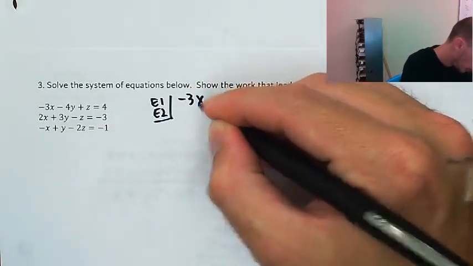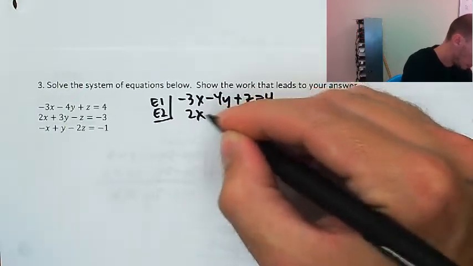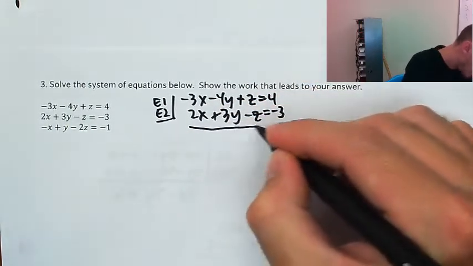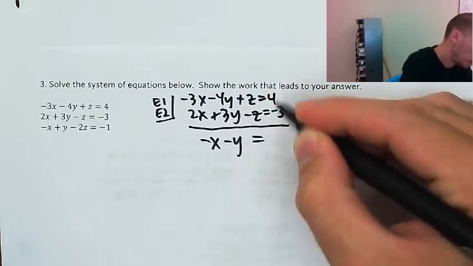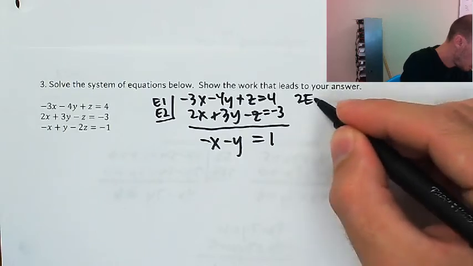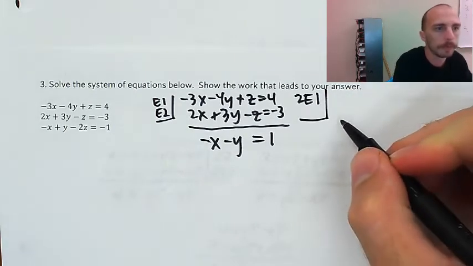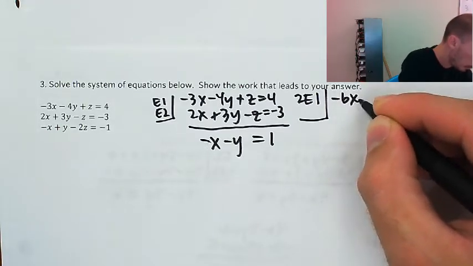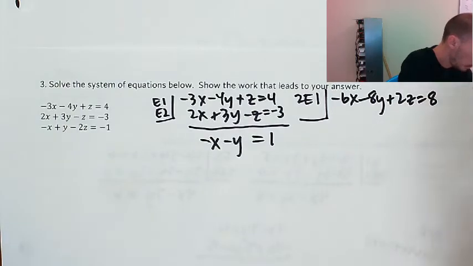So we have negative 3x, negative 4y, and a positive z equaling 4, 2x plus 3y minus z equaling negative 3. Add this all together. That's negative x minus y, no z's, equaling 1. Equation 2 of equation 1. Okay, this is where I didn't do it quite right last time, I think, is negative 6x minus 8y plus 2z equals 8.